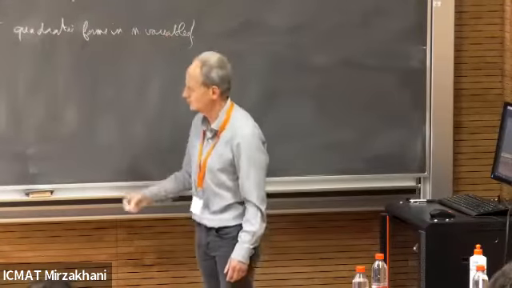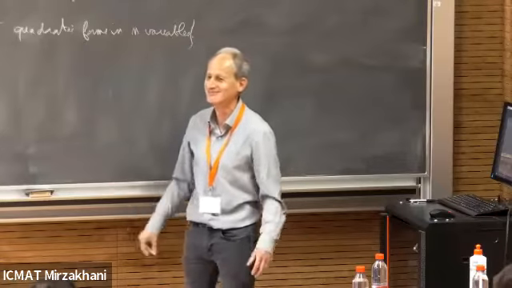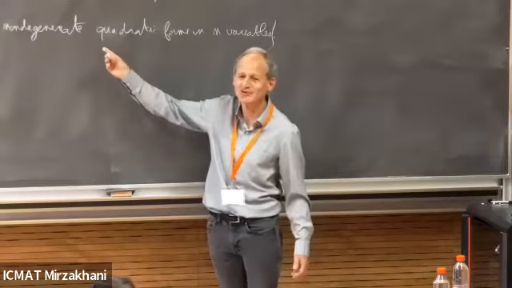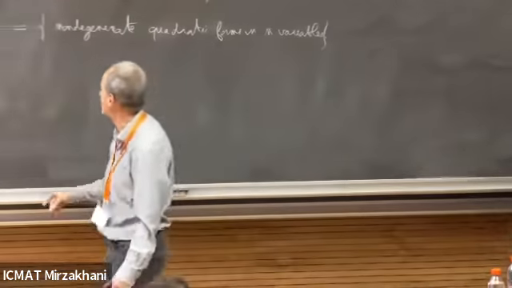And, as you see, there's a big orbit, with the stabilizer of the sum of squares. The stabilizer of the sum of squares is On.